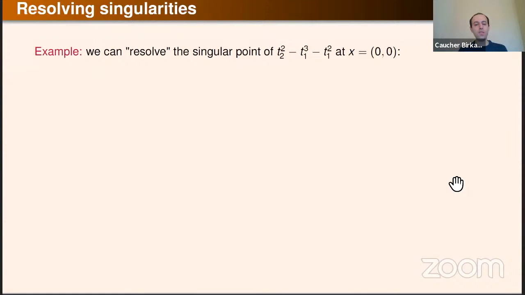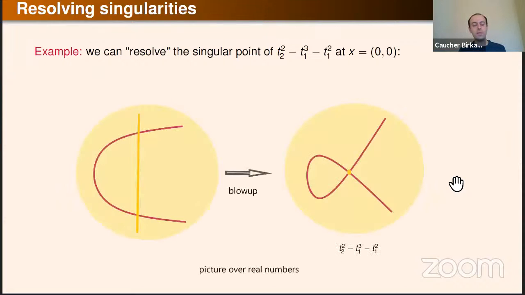Now, if you have singularities, then you can ask whether you can remove the singularity somehow. And that happens to be the case in most interesting cases. So for example, let's go back to this example of singularity from the previous page where we have a singularity at the origin. There is an algebraic geometric process which is called a blow-up.